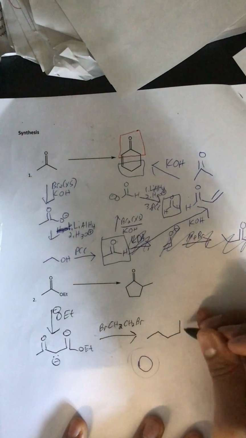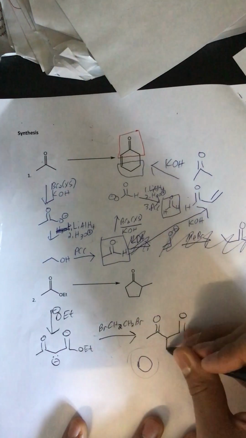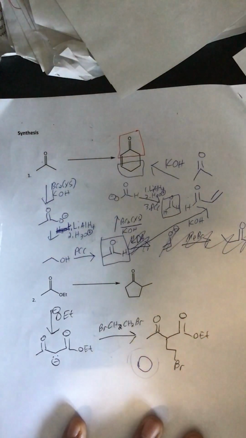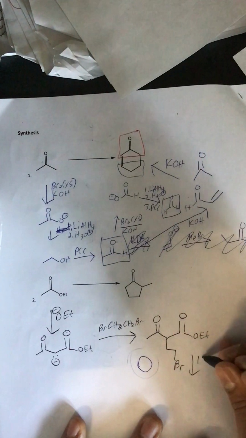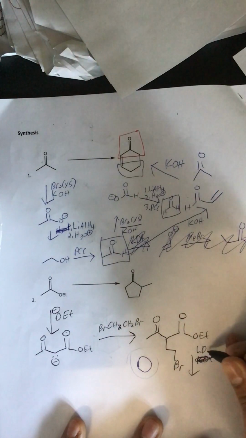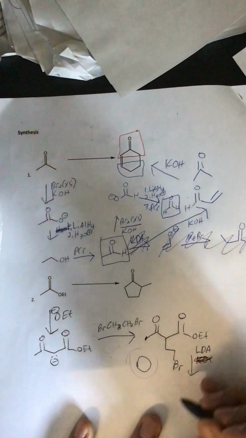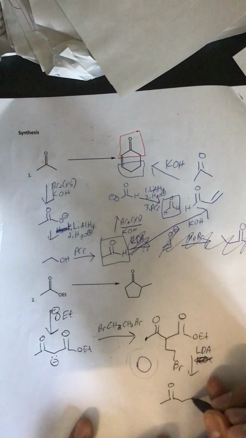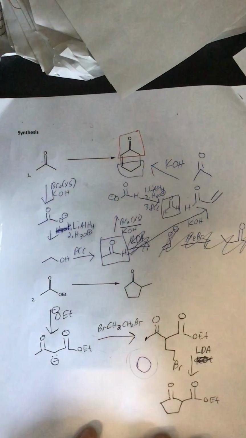First. Then I can use like a bulky base. Maybe like LDA. It's really bulky. That'll deprotonate this carbon over here, which will then attack there, and I will get this.